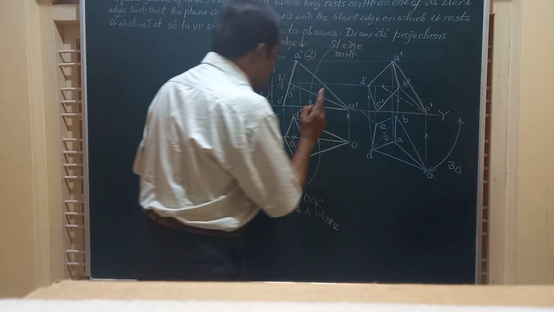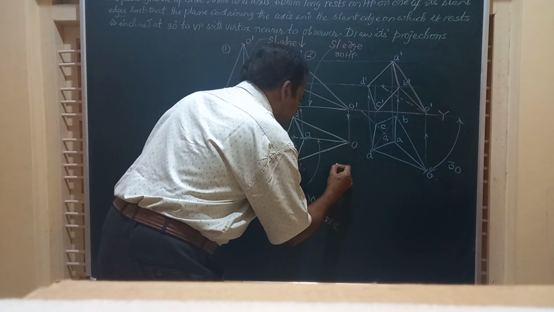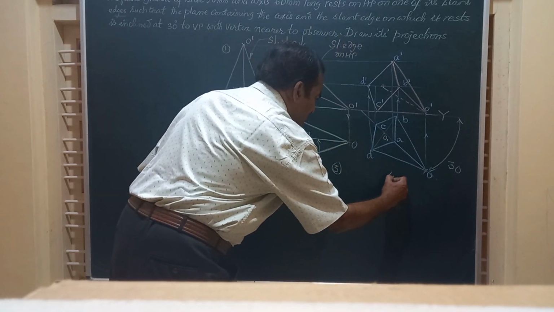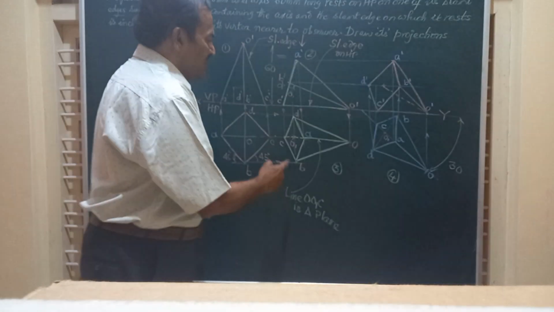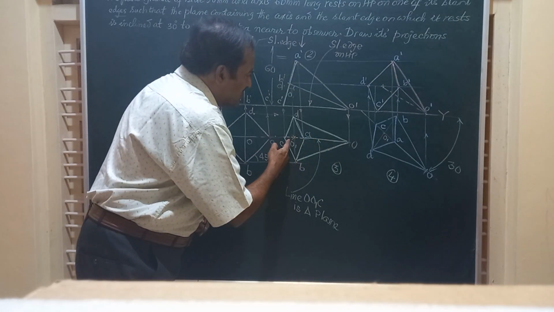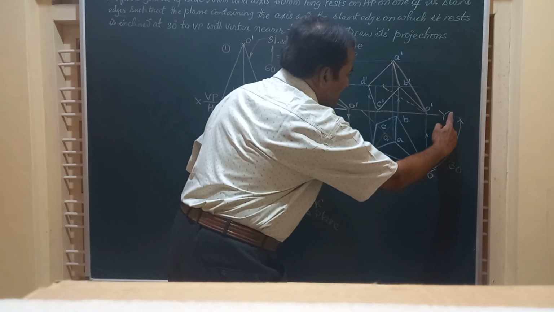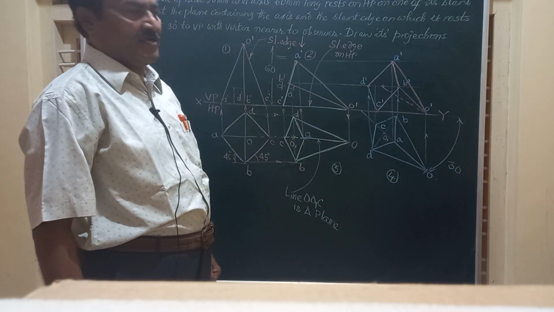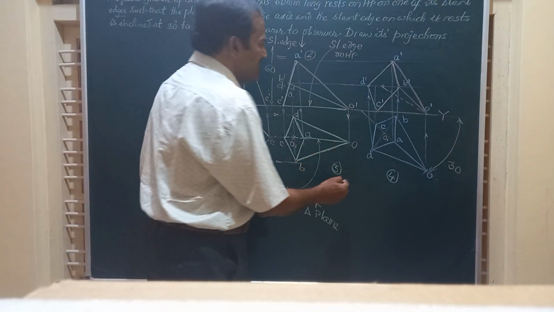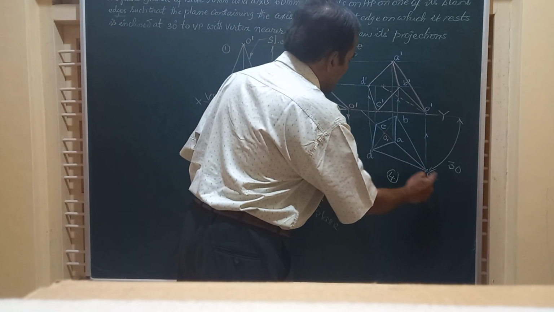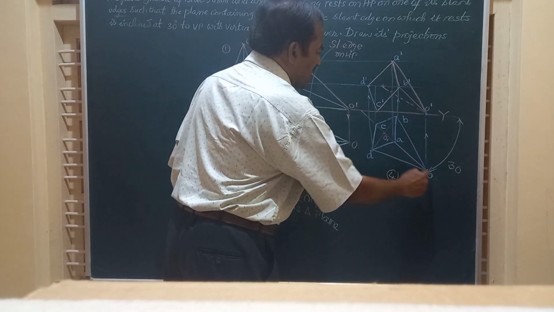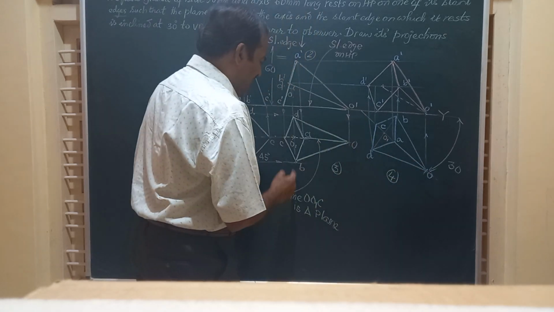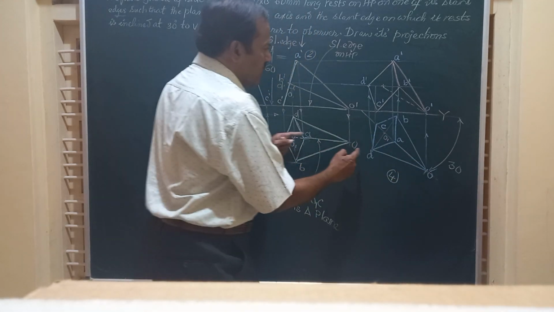So I am going to redraw this figure number 3 as figure number 4, in which the slant edge OO1C is at an angle of 30 degrees to VP and obtain the corresponding front view. So how to draw this, friends? It is very simple. Draw a line through any one of the points on the XY, and take the distance OC.